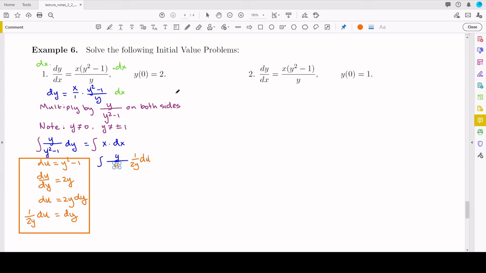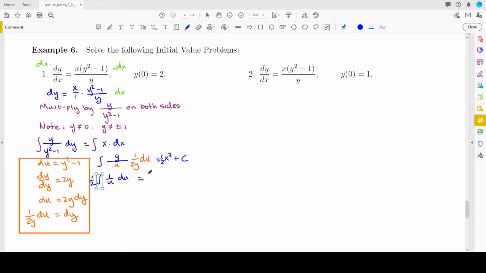The nice thing is that the y and the y cancel here. So our left-hand side simplifies to 1 over u with a 1/2 in front, du. That's a 1/2 that we can pull outside. And on the right-hand side, we have 1/2 x squared plus c.